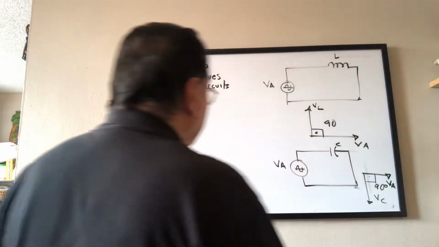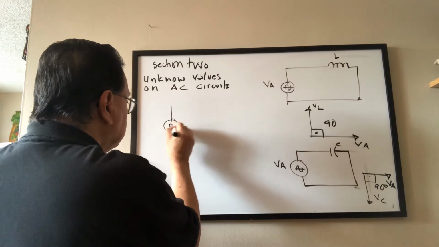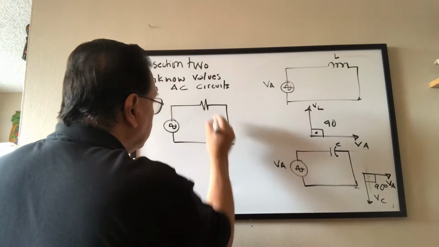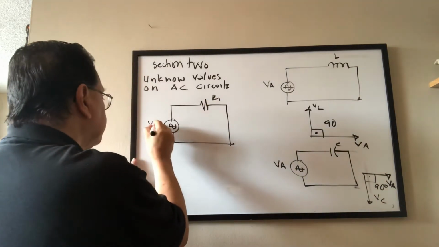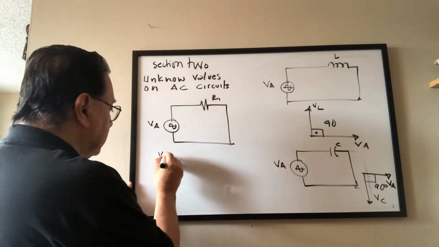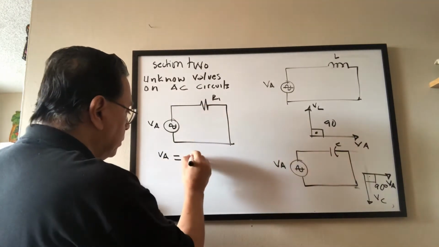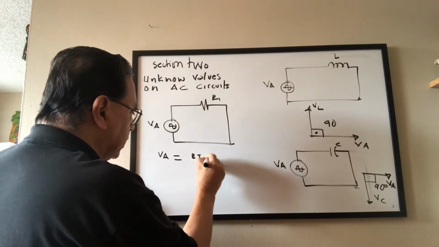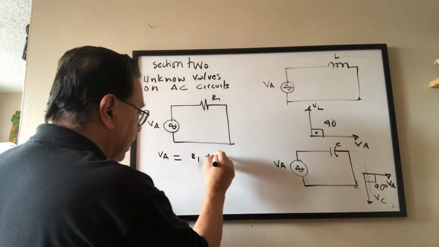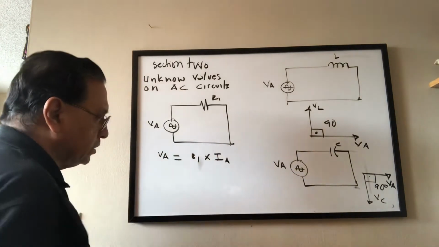And normally on a circuit in which you have just a resistor, it's easy to apply Ohm's law, because Ohm's law tells you that the voltage VA is equal to the resistor times the amperage produced by this external force.